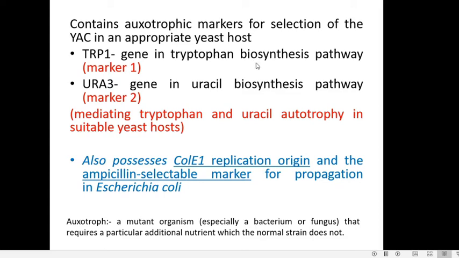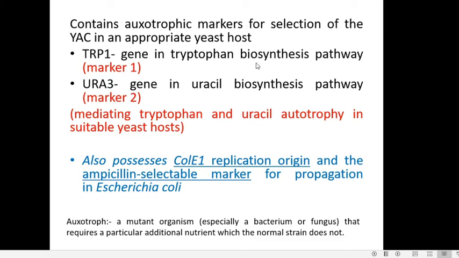So if you want to grow such a host cell in a medium, that medium should contain tryptophan. Otherwise the cell will not grow. If you try to grow such a cell in a medium lacking tryptophan, it will not grow.